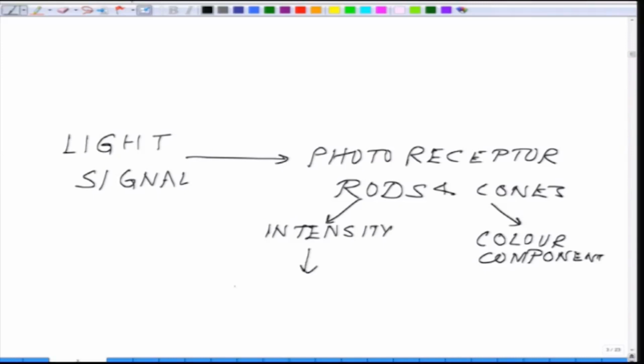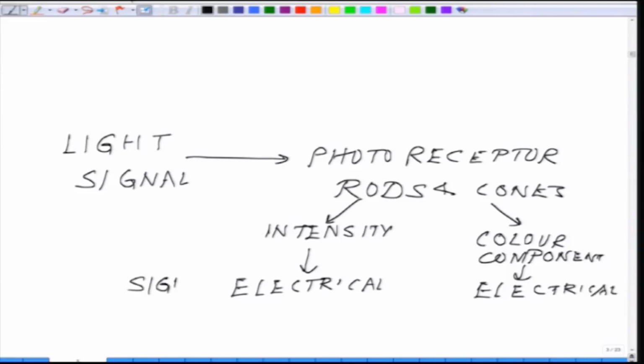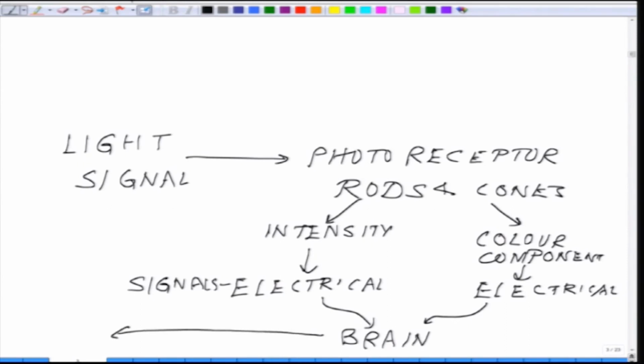These are coded as electrical signals, and these electrical signals are sent to the brain for further processing.